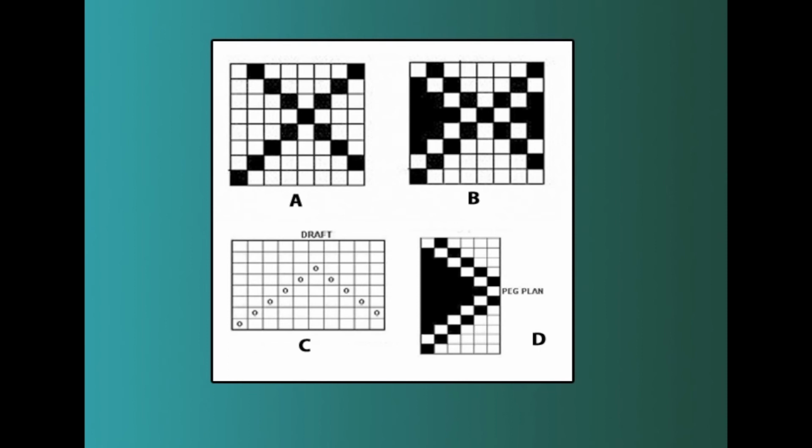This is shown in figure B, and the draft C and the lifting plan D are produced in the usual manner. But due to the method of designing, only 5 shafts are required to produce the 8 end weave, so we can save on shafts.